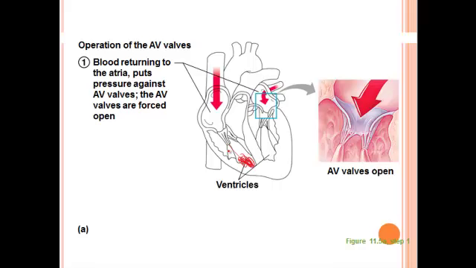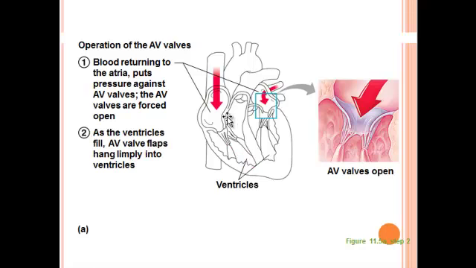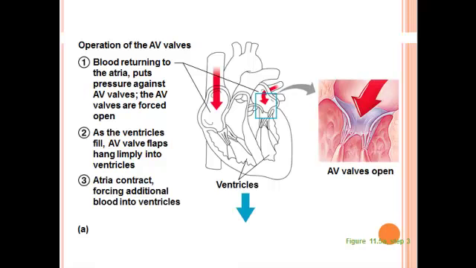So as the blood fills up, as it becomes filled up, finally the atria is going to contract, and that's going to push the rest of the blood in the atria into the right ventricle. And the AV valve is going to be open during all this time.